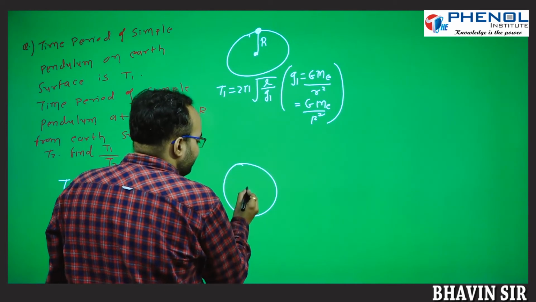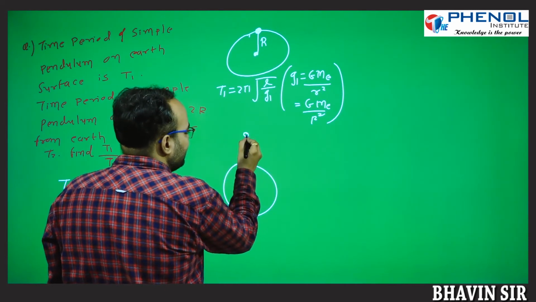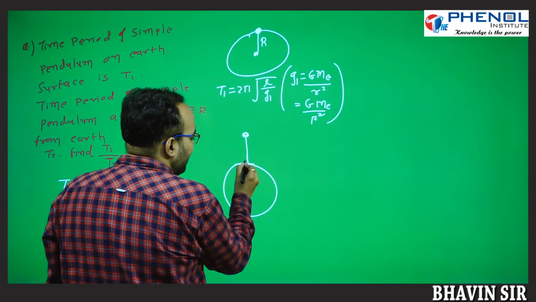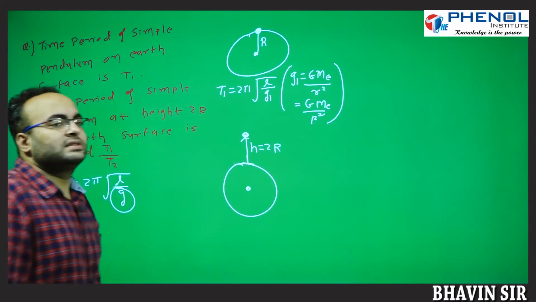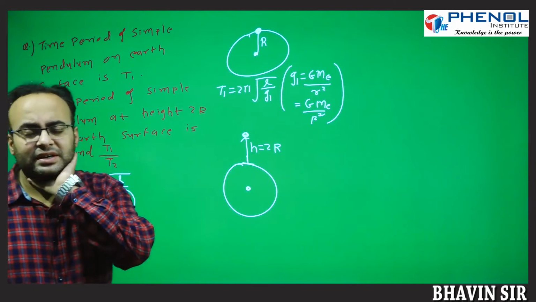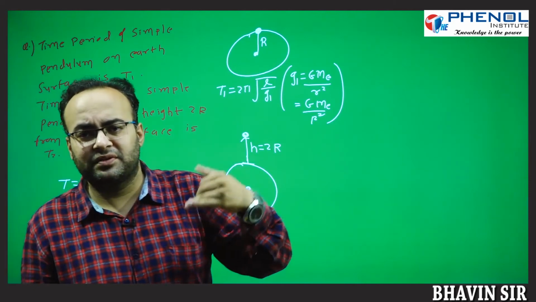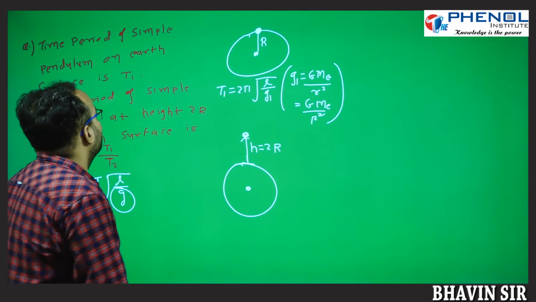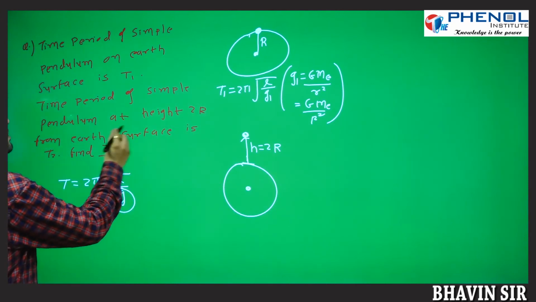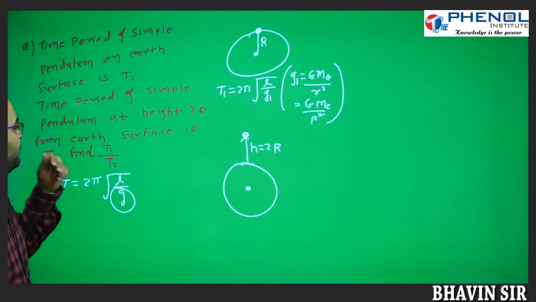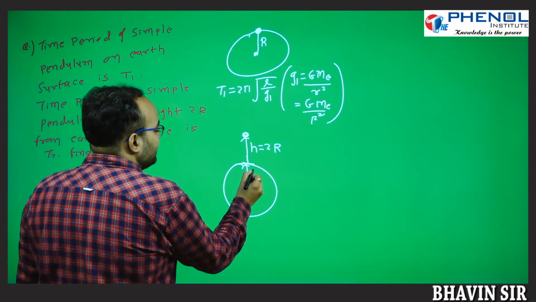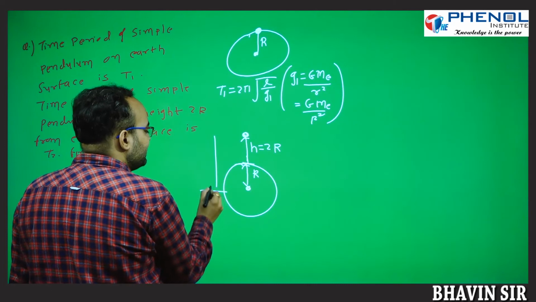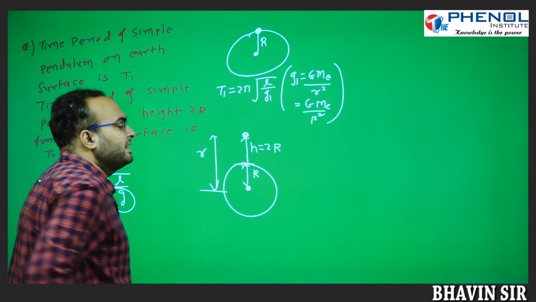Chalo. Now the second case. In the second case, always students, height is measured from the surface and distance is measured from the center. See, time period of a simple pendulum at height 2r from earth surface. Okay, and what is this radius? r. So what is the distance from center?